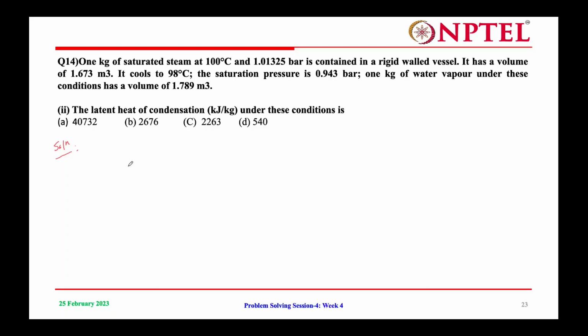Based on the Clausius-Clapeyron equation, ln P2sat divided by P1sat is equal to del H by R, right, times the bracket of 1 upon T1 minus 1 upon T2.